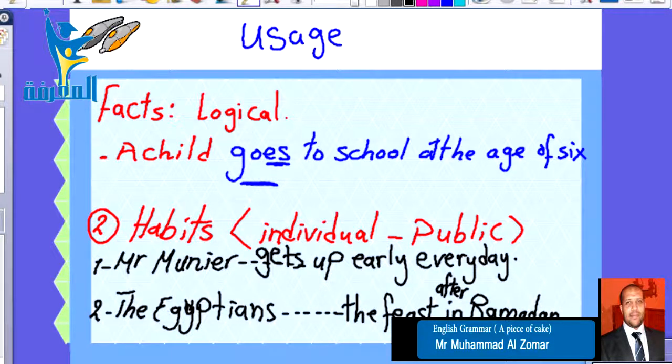This is a public habit. Why? Because all Egyptians, all Muslims in Egypt celebrate the feast after Ramadan.